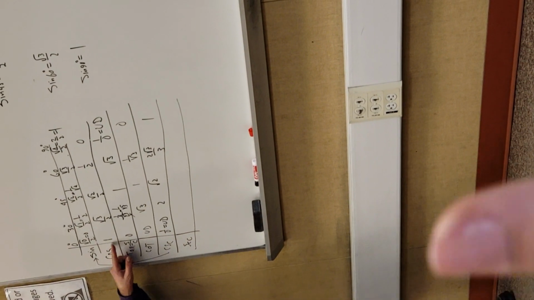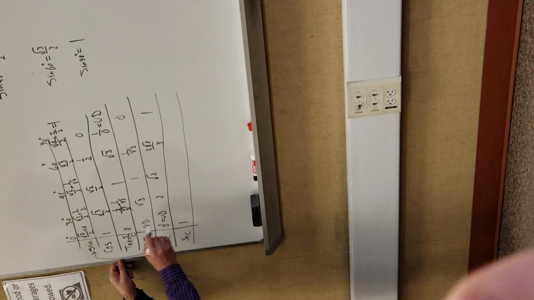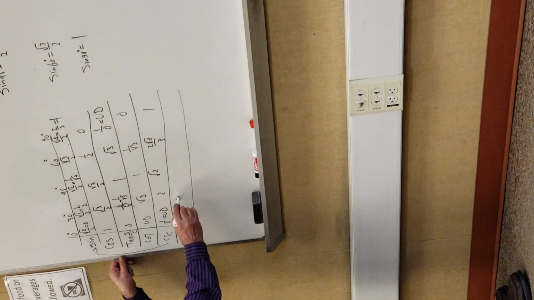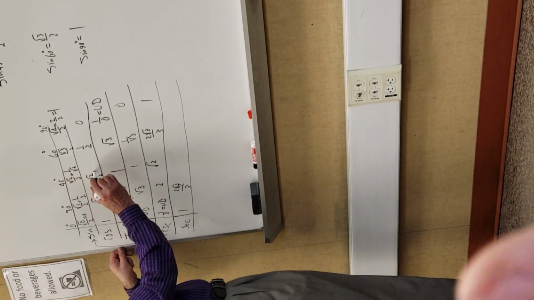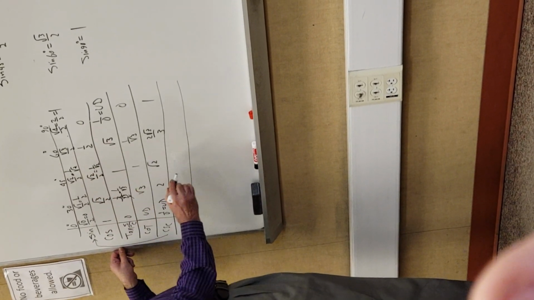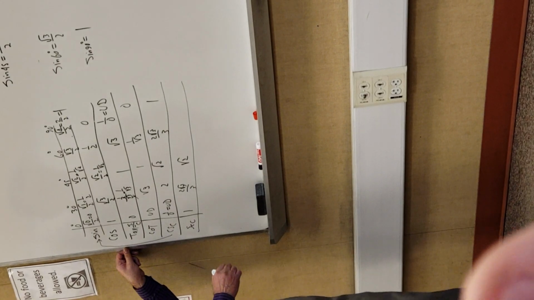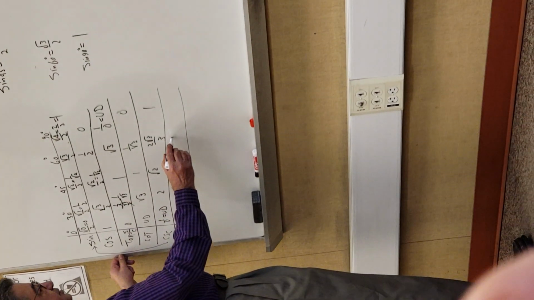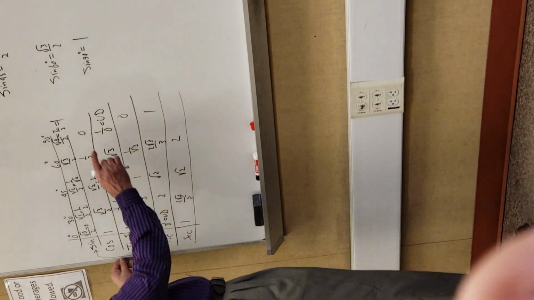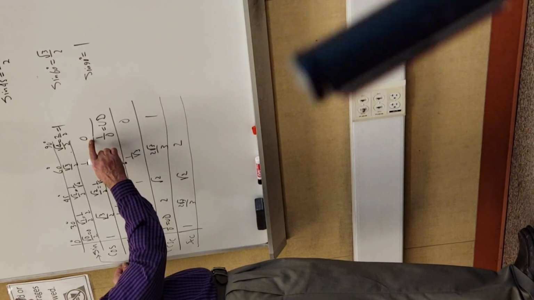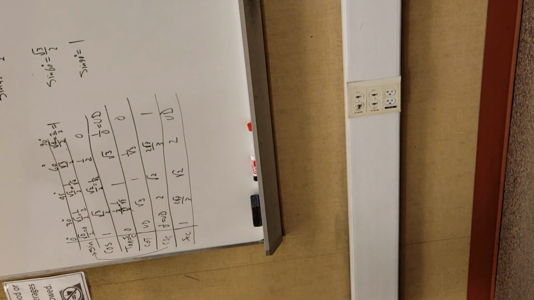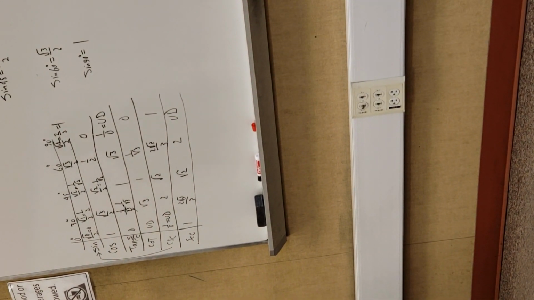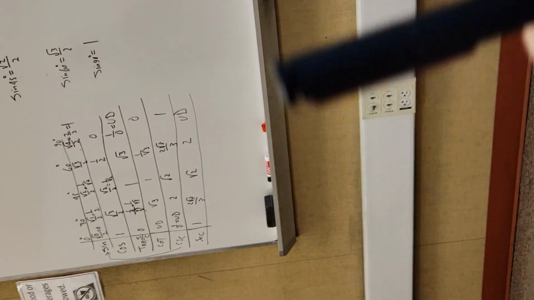If you flip 1, you get 1. Flip this ugly one, which used to be 1 over square root of 2. Flip this one, you get 2. Flip this one, undefined. That's all of them you need.